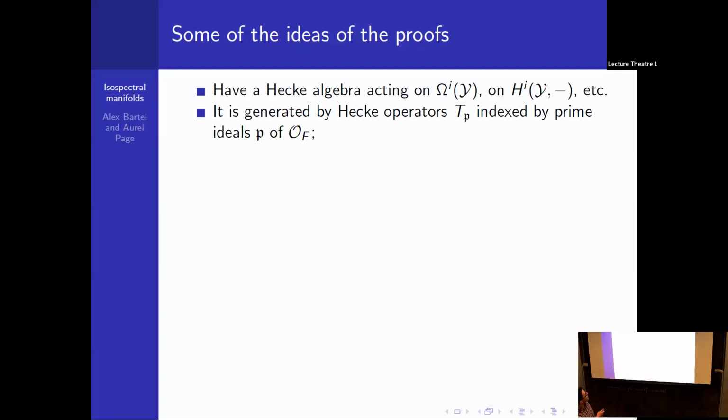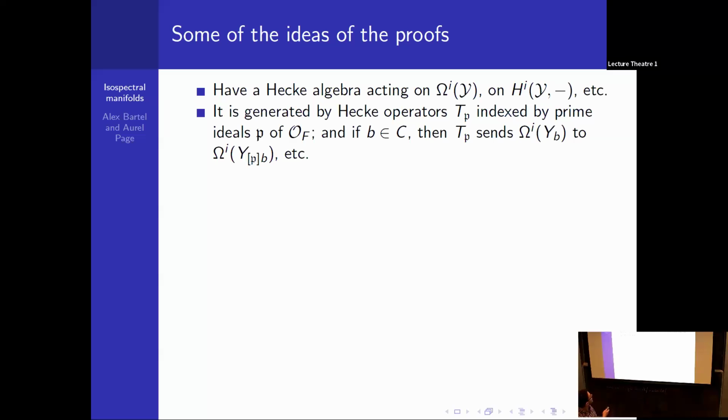For every prime ideal of the ring of integers of the field, you have an operator, T_P, a Hecke operator. And the nice thing about these connected components being indexed by some class group is that you can tell exactly which Hecke operators map forms on which component to forms on which other component.